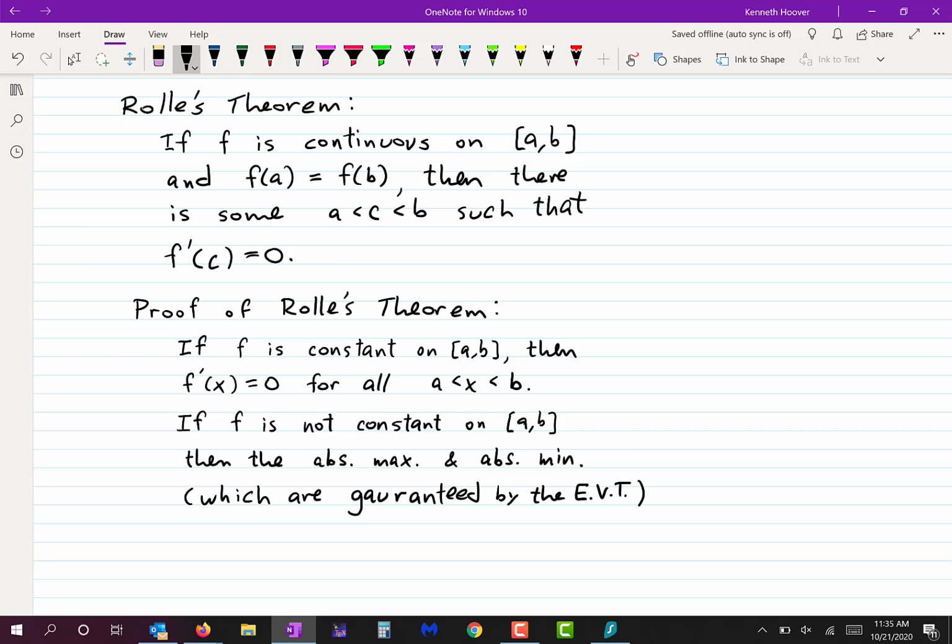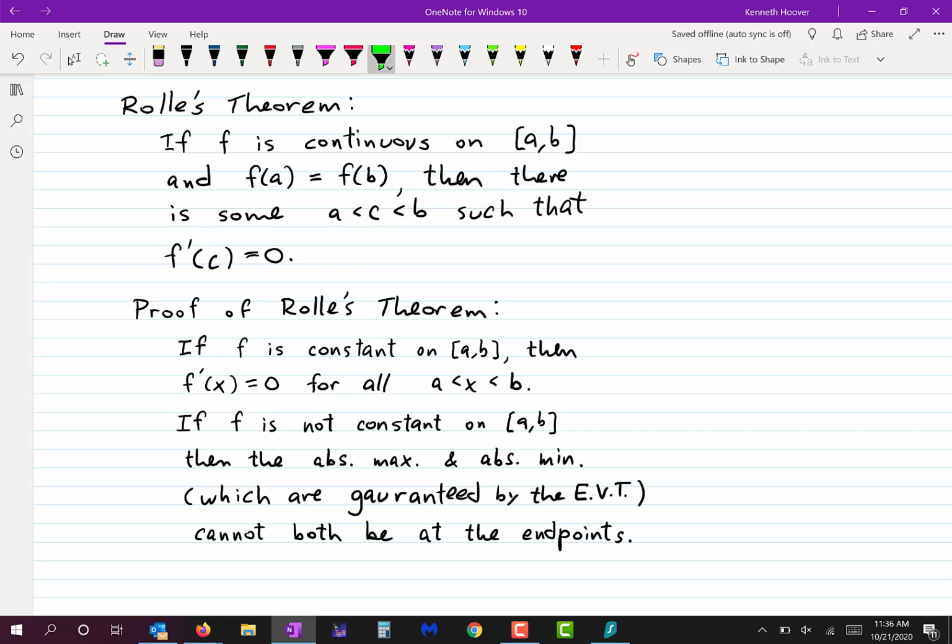And if f is not constant, then that absolute max and absolute min cannot both be at the endpoints. Because, for instance, if f of a was the absolute maximum and f of b is the absolute minimum, and f of a equals f of b, then the absolute maximum and the absolute minimum would be the same, which would mean that the function is constant.